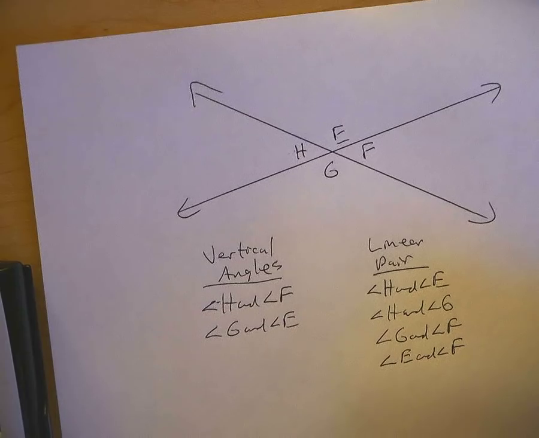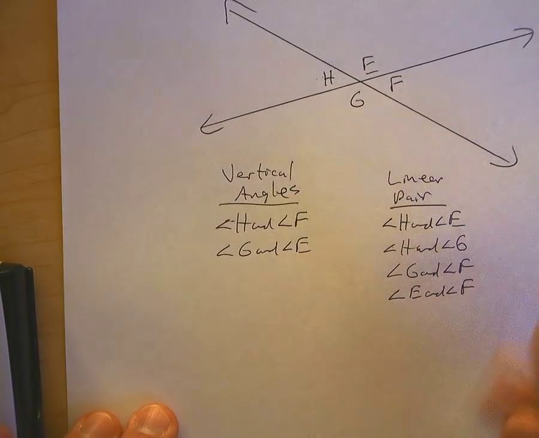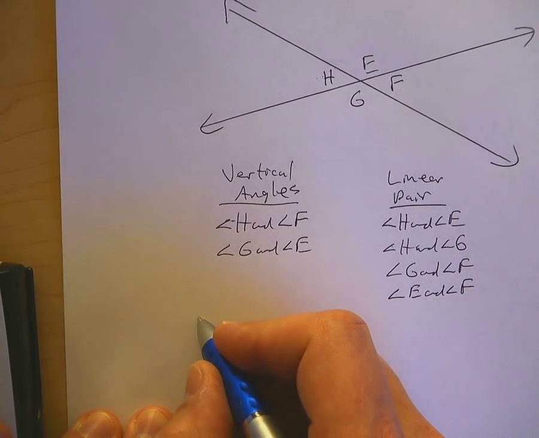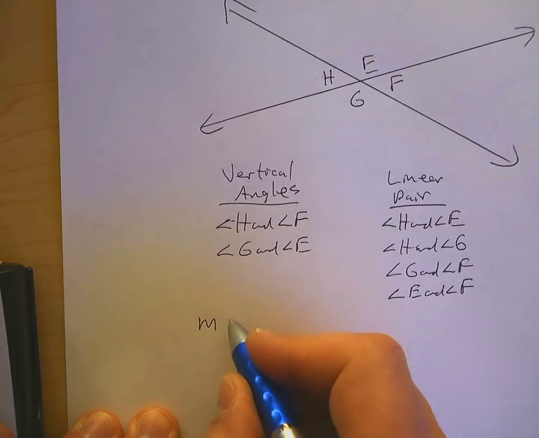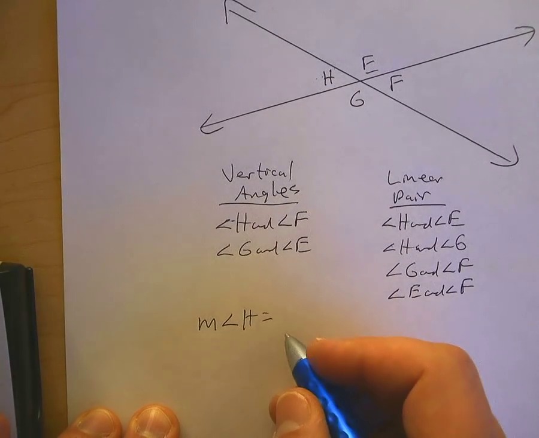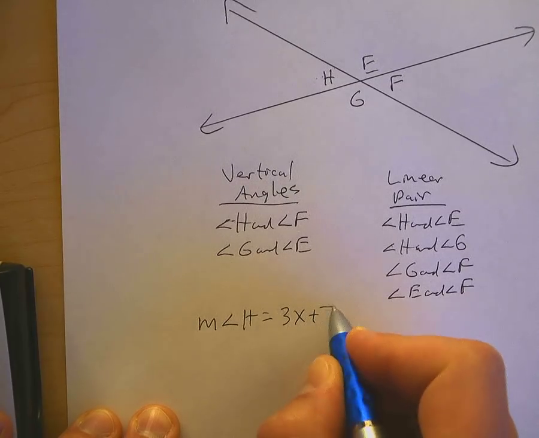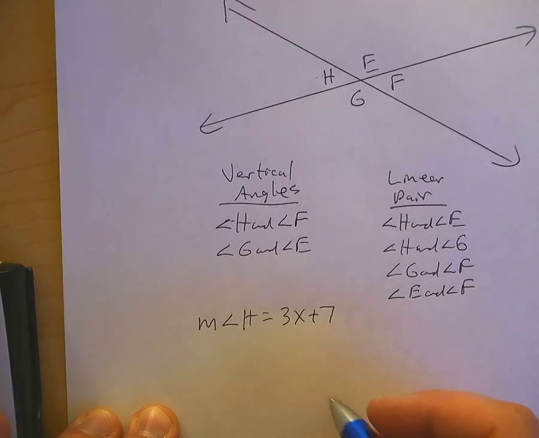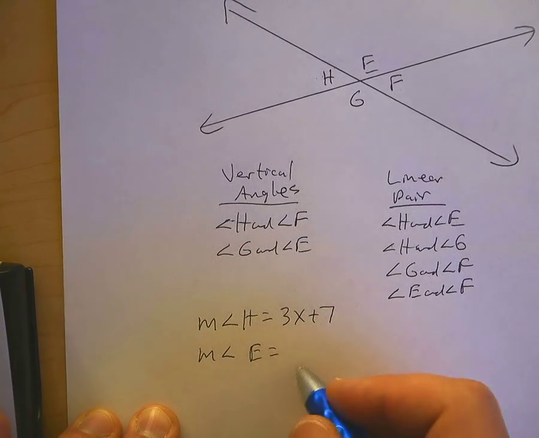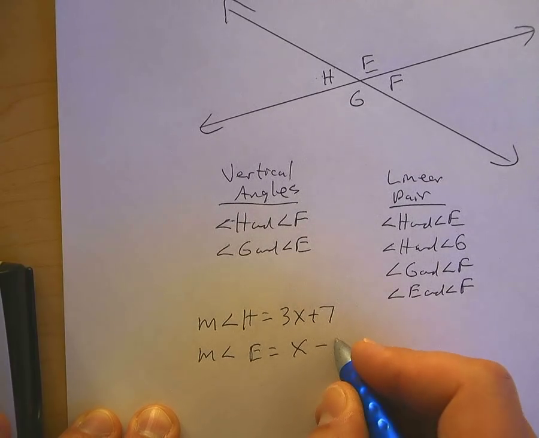Okay, now let's add a little algebra here. Let's say the measure of angle H is equal to 3x plus 7, and the measure of angle E is equal to x minus 12.